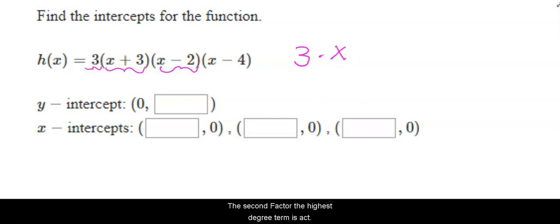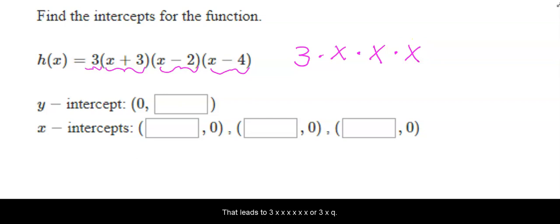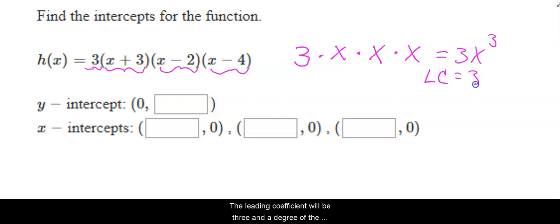In the second factor, the highest degree term is x, and in the third factor, the highest degree term is x. That leads to 3 times x times x times x, or 3x cubed. The leading coefficient will be 3, and the degree of the overall polynomial is also 3.